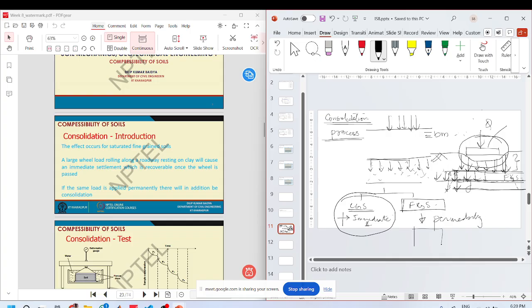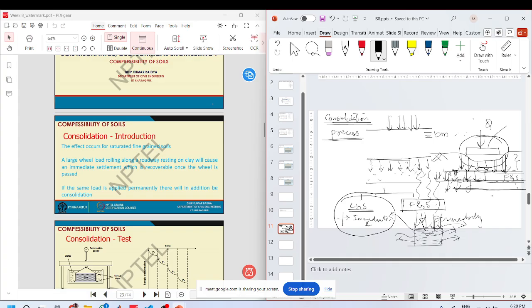and this settlement is happening by virtue of escape of water from the pores of this layer. So water needs to flow out, because if we assume that soil is a continuum, and under gravity there will always be some water inside this layer.